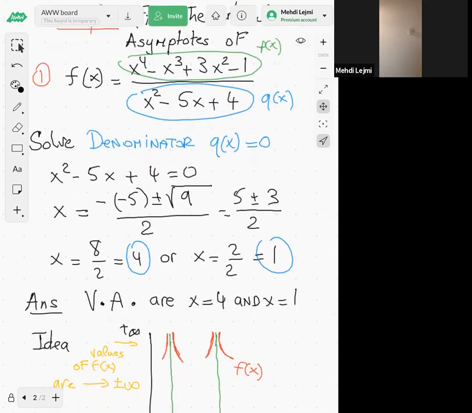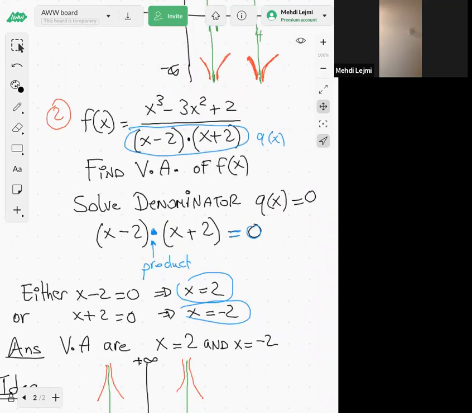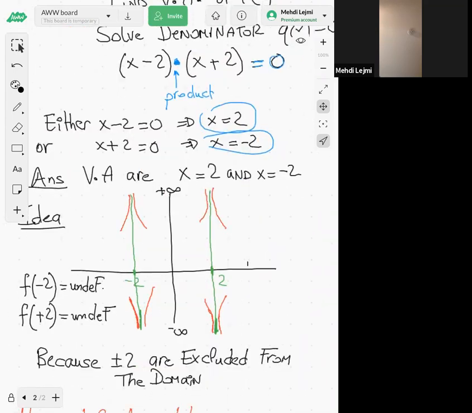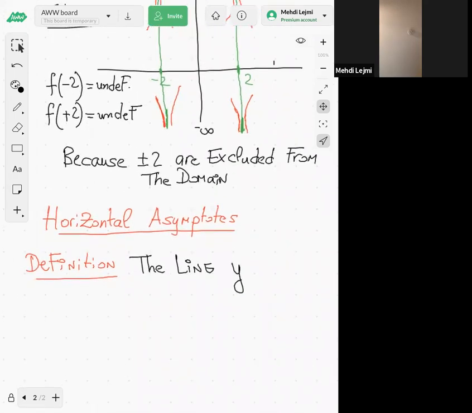Now, for horizontal lines, the equation is of the form y equal to a number, right? So the line y equals L, that's a horizontal line.